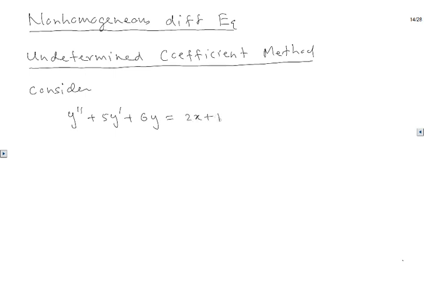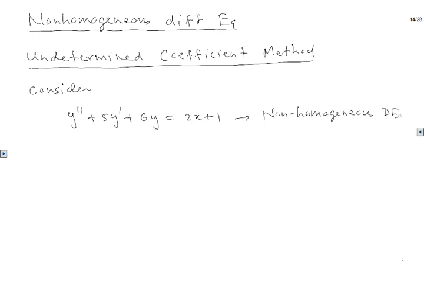You can see that on the right hand side it is not equal to 0. There's a function there. So we call these kinds of equations non-homogeneous differential equations. There is a function on the other side. It's not equal to 0.